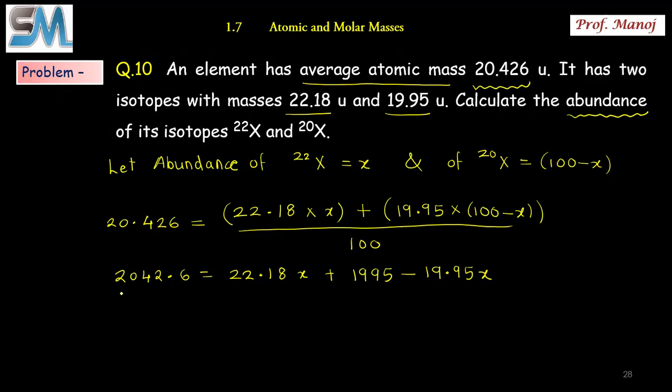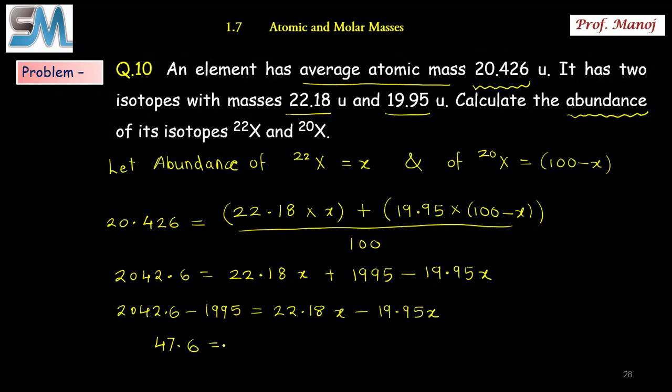Now, clubbing the numbers together along with the x terms separately, you will get 2042.6 minus 1995 equal to 22.18x minus 19.95x.